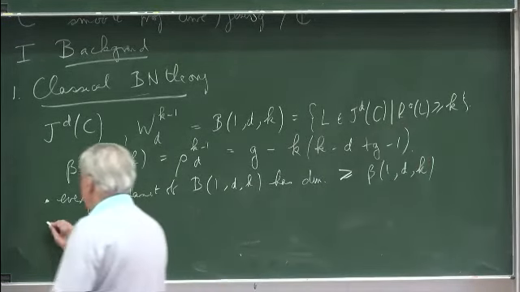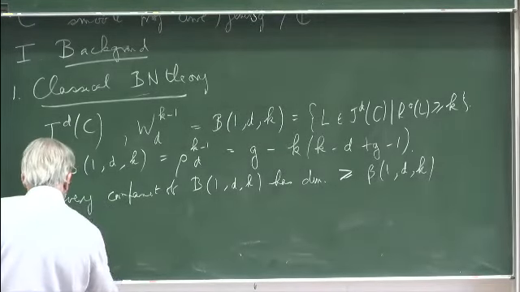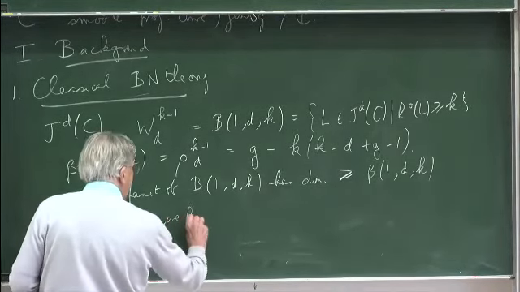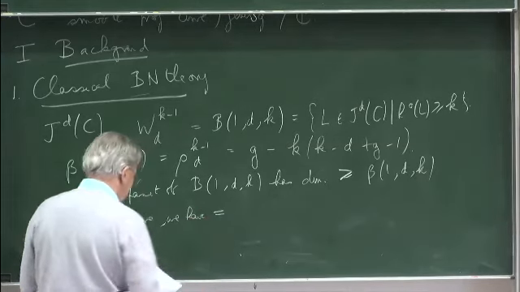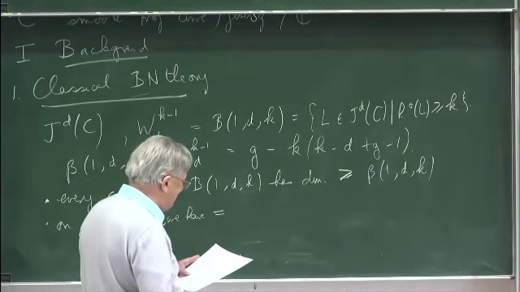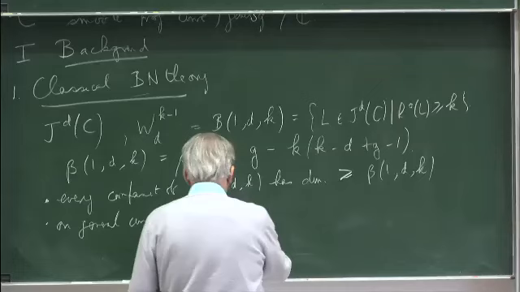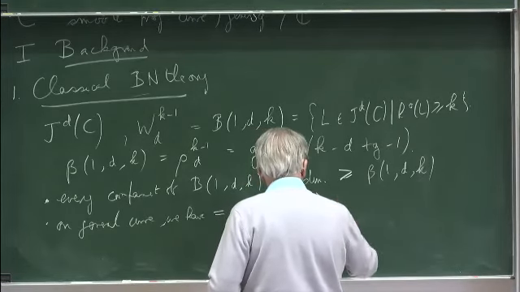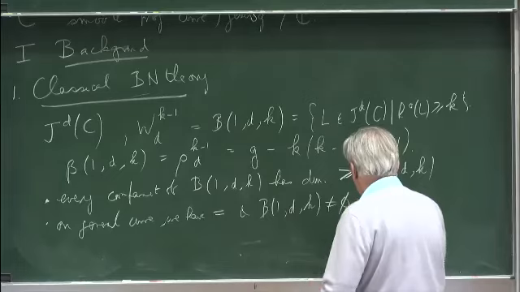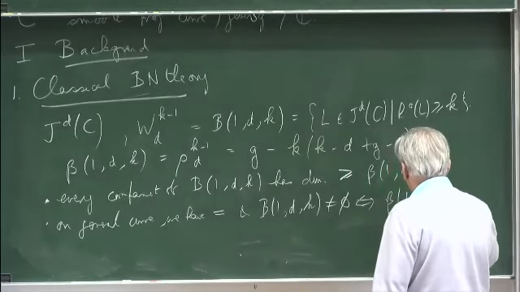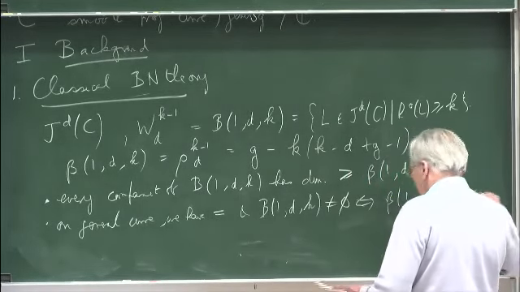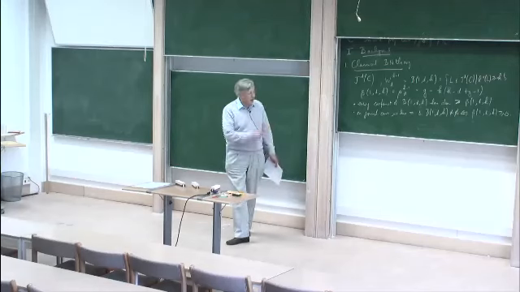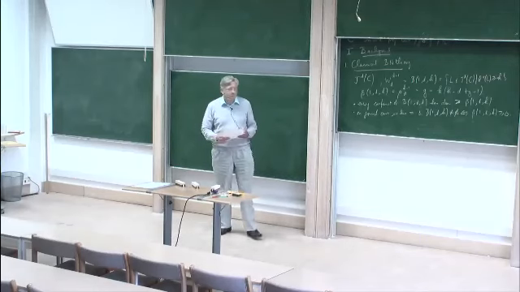And secondly, on a general curve we have equality here. And in particular, B^1_{d,k} is non-empty if and only if beta^1_{d,k} is greater than or equal to 0. There's a good many other results about this, but those are the ones I just want to mention here.